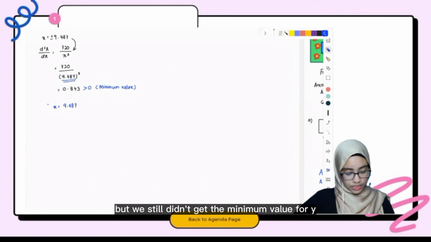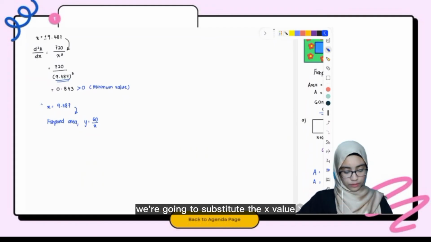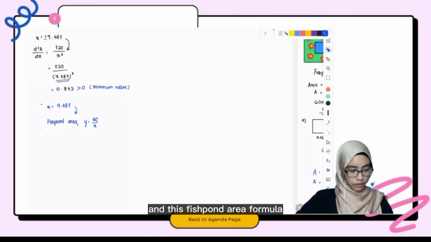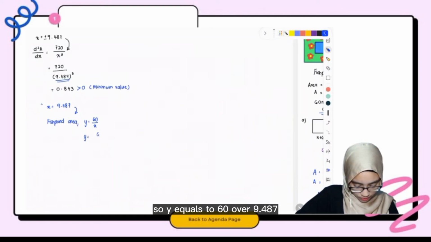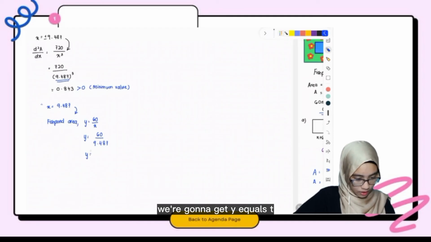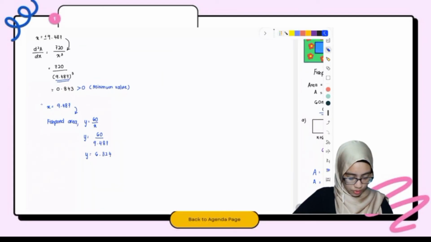So the minimum value for x is 9.487, but we still didn't get the value for y. In order to get the value of y, we substitute the x value into the fish pond area formula. So y equals 60 over 9.487. We get y equals 6.324.